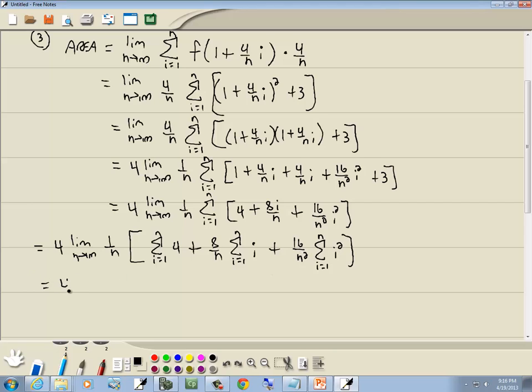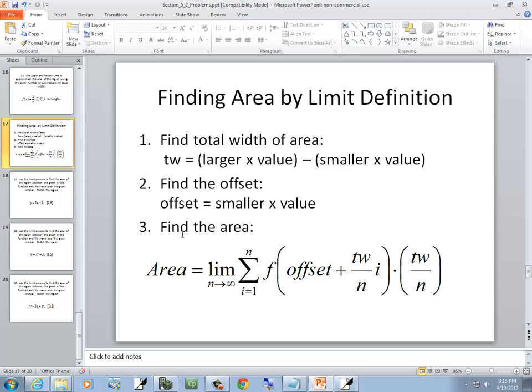Okay, so then we've got 4 times the limit as n goes to infinity of 1 over n. Now remember, if you have the summation of a number, you take the number times n. So we're going to have 4 times n, plus 8 over n. I almost remember this one. n times n plus 1 over 2, I think.